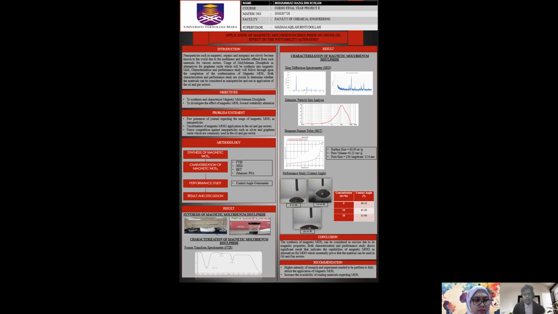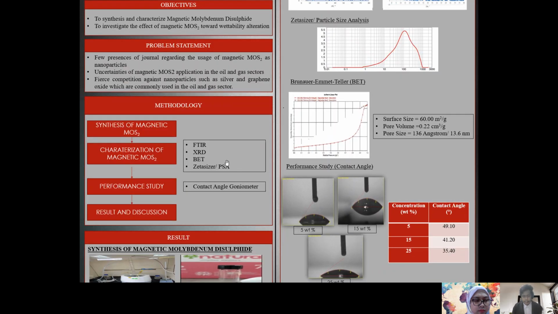Next, I would like to explain the methodology of my project. My first step will be the synthesis of magnetic MoS2. I will explain the process of synthesizing the magnetic MoS2. First of all, we have the powder of MoS2 dissolved into 250 ml of pure water.